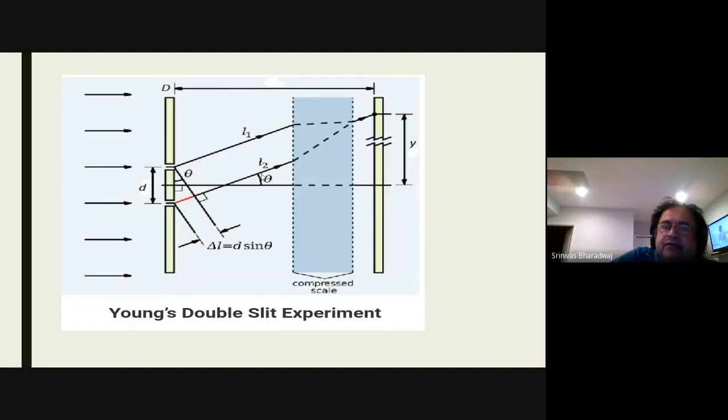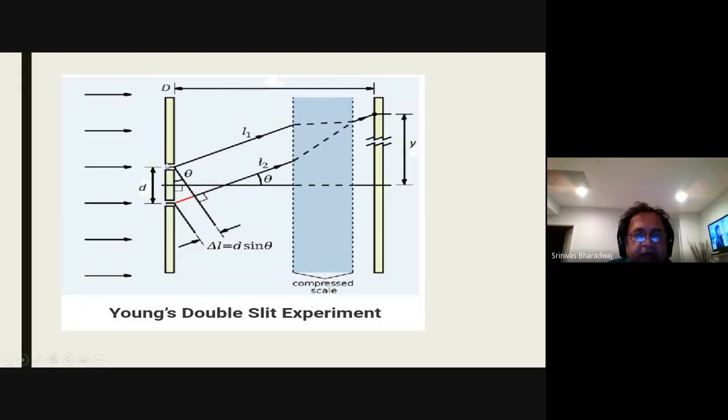So now there is a difference between the two L's. What is that difference between the two L's? The difference between the two L's is this distance called delta L. Now, how much is delta L? If this angle is theta, capital D divided by L1 is of course cos theta. Now this angle theta is also this angle theta.